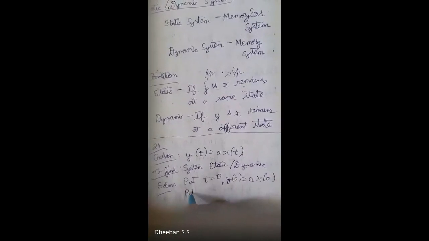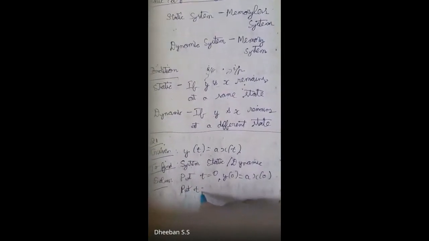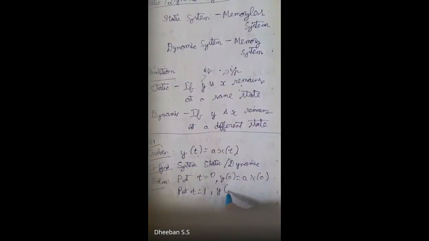Next, put t equal to 1, so y of 1 will be equal to a into x of 1. Next, put t equal to minus 1, then y of minus 1 is equal to a into x of minus 1.